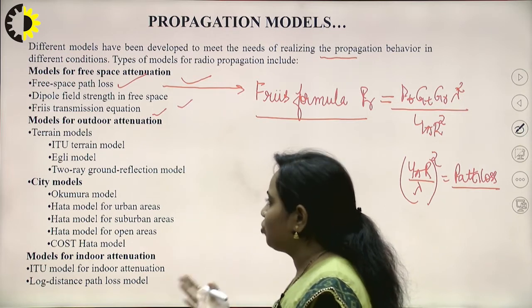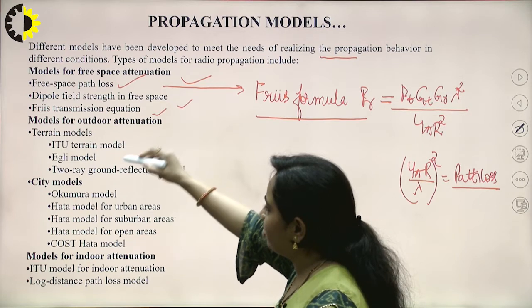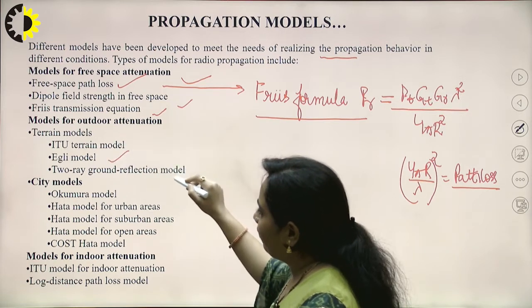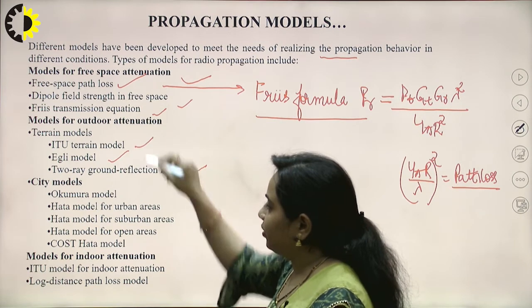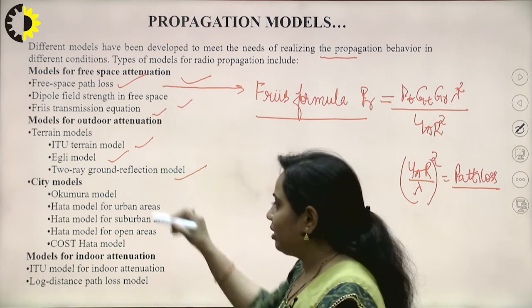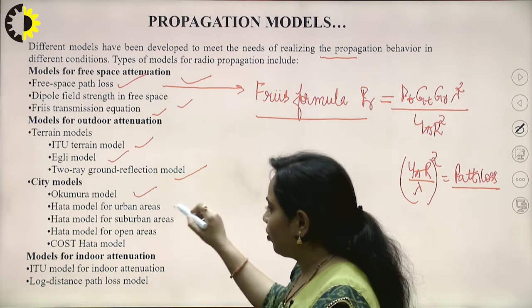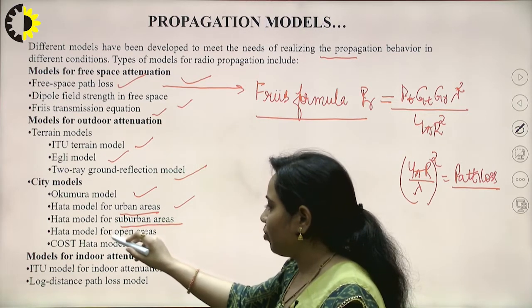So there are various models. For the outdoor, it is dependent on the terrain models, that is the AKGEC model, the 2-ray ground reflection model, and the ITU (International Telecommunication Union) terrain model. Then city models are the Okumura model, the Hata model for urban areas, the Hata model for suburban areas, and the Hata model for open areas.